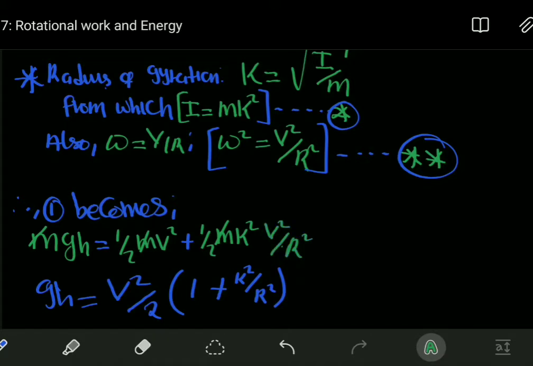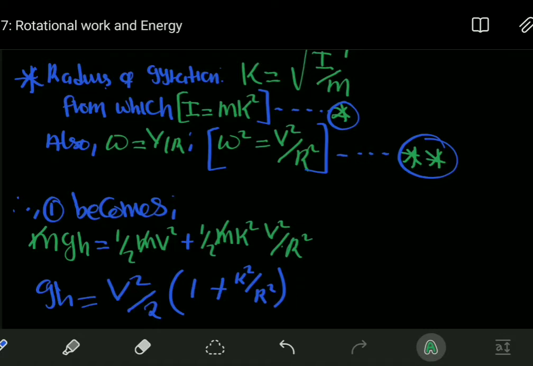Notice that I'm simply replacing where there was I, I'm putting mk squared, and where there was omega squared, I'm putting v squared over r squared. Therefore we have mgh equals half mv squared plus half mk squared times v squared over r squared.